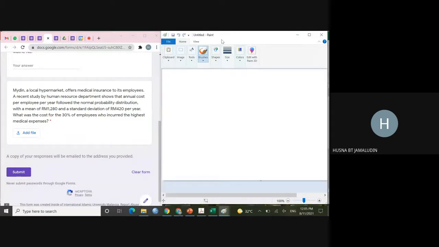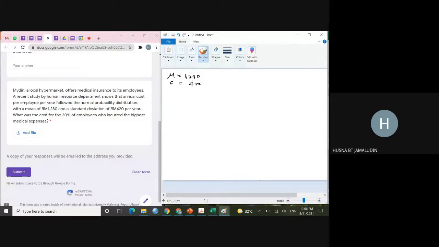So you write here mu is equal to 1280, and the standard deviation, you also don't have to compute it. Sigma is equal to 420 per year. What was the cost for the 30% of the employees who incurred the highest medical expenses?